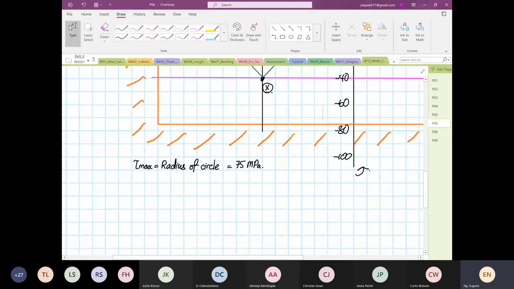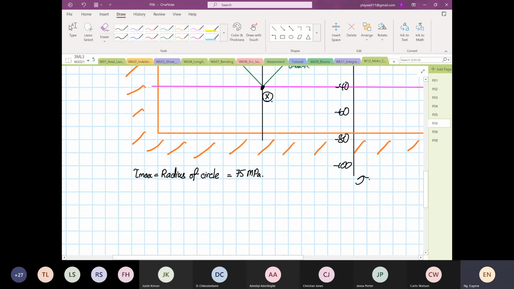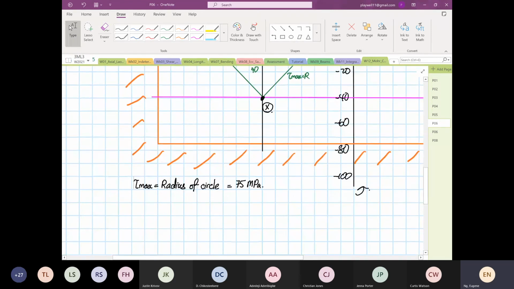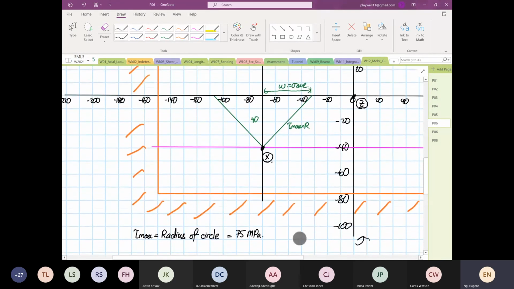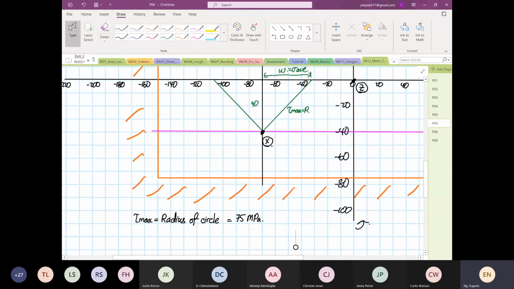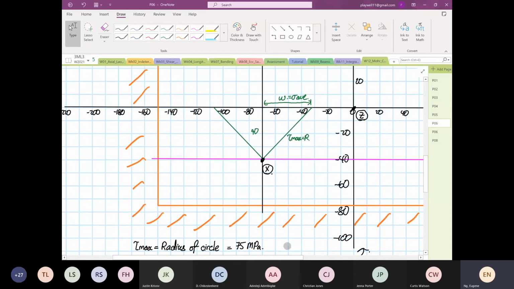I'm going to call it stress average 1 and 2. No, I want to calculate omega first. Let's calculate omega first.